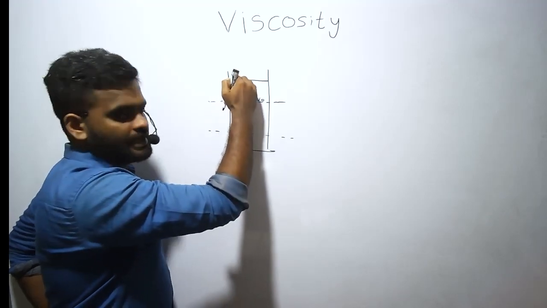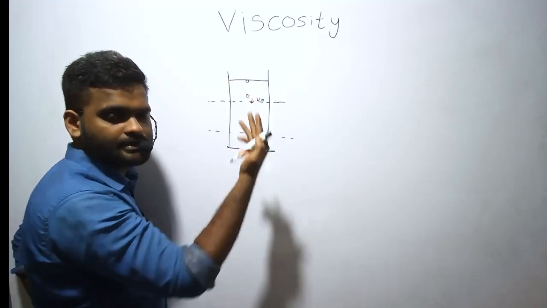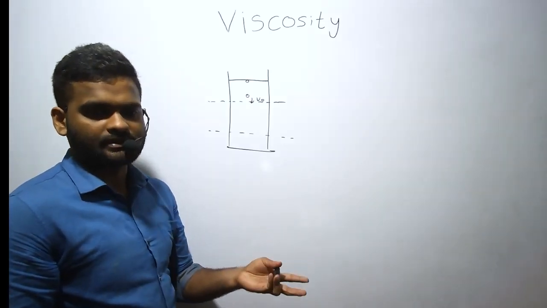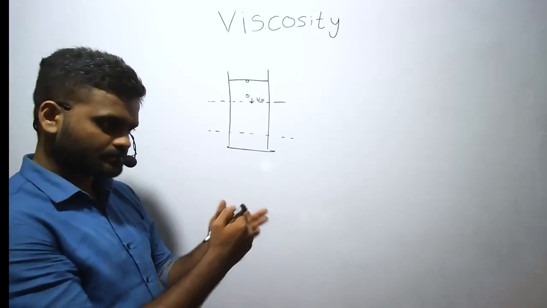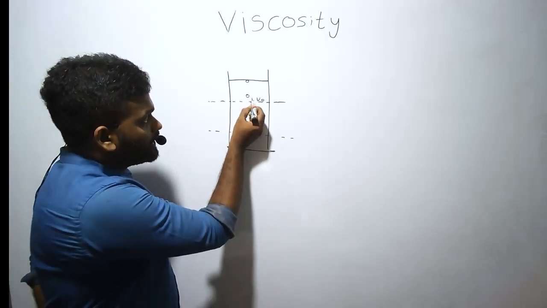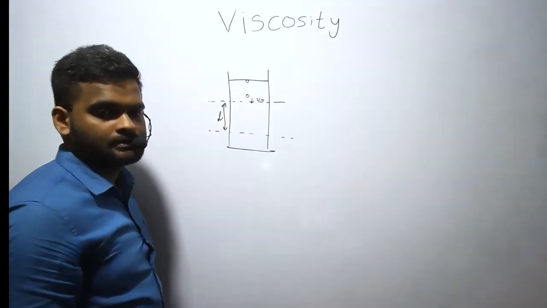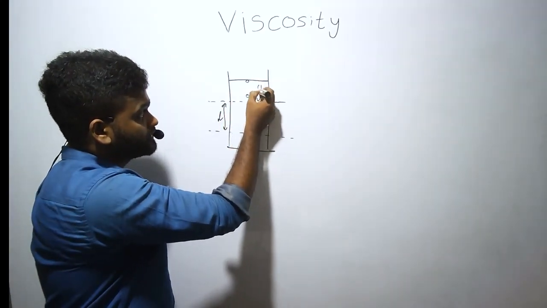If you let it enough distance to fall down, it reaches the terminal velocity. It doesn't take that much time. It quickly gains its terminal velocity. Then it falls through L. So this is liquid 1.